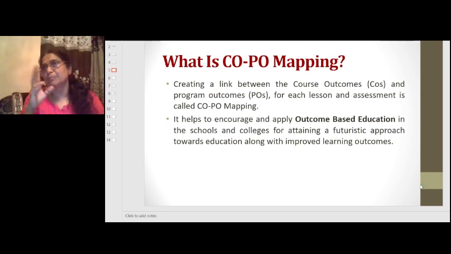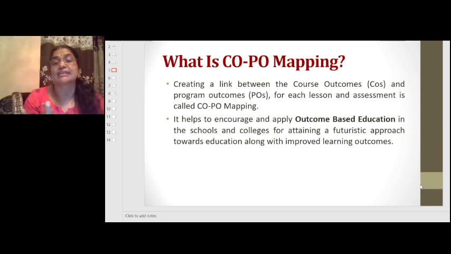Now what is CO-PO mapping? I just explained to you. It's creating a link between the course outcomes and program outcomes for each lesson and assessment, which is called CO-PO mapping. So for each lesson and assessment, what we assess the students, mid exams or your internal exams, assignments, for all that marks you take, you have the assessment.